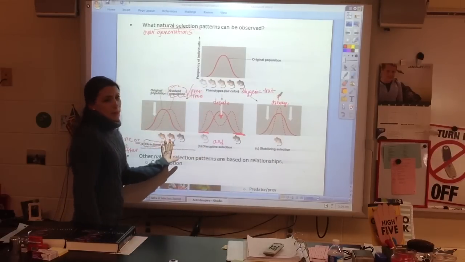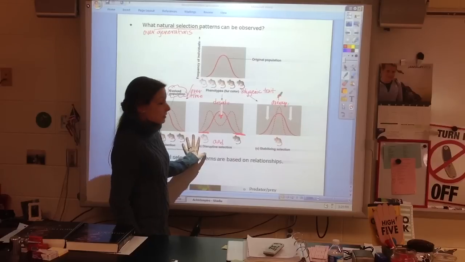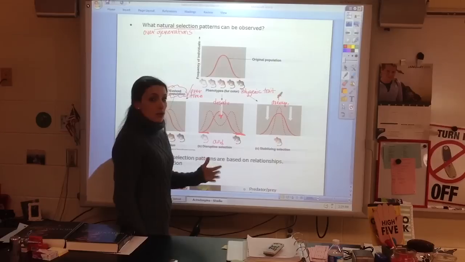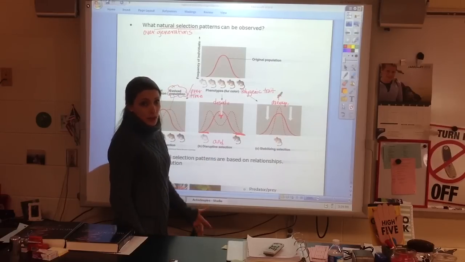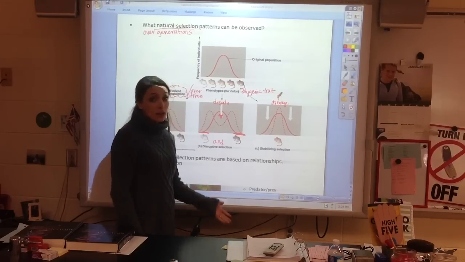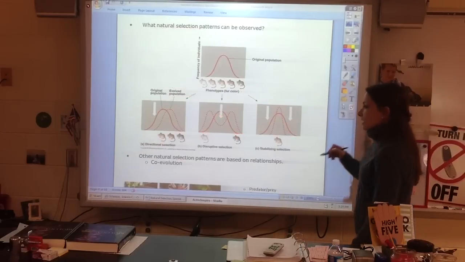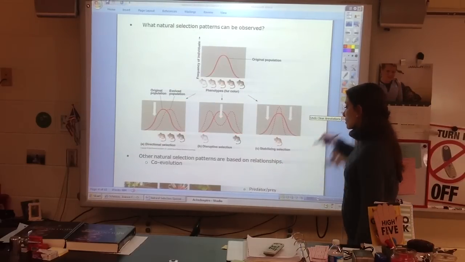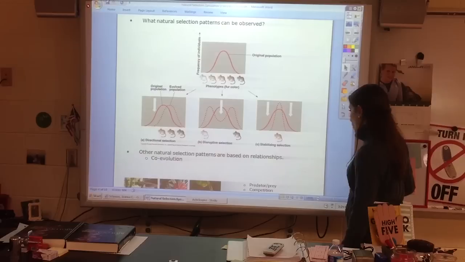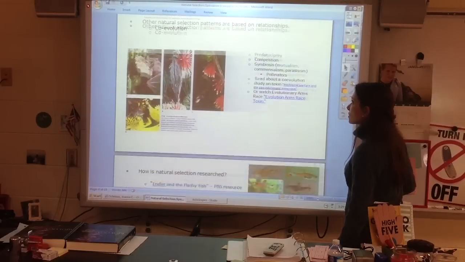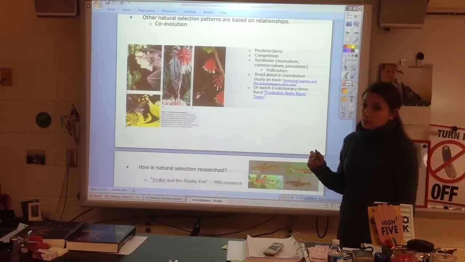And so what you need to be able to do is look at a data set and predict the population, and also be able to predict some other things about what might happen to the alleles. The final pattern that we see is that some natural selection patterns happen based on relationships. And this is called coevolution.